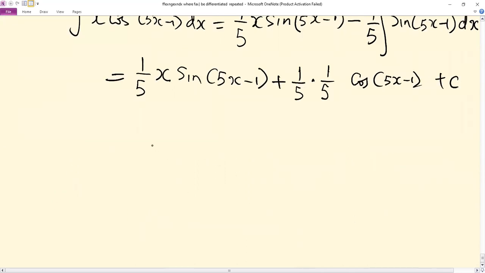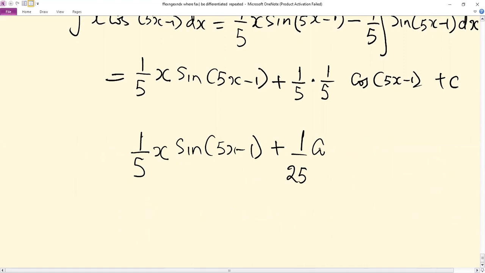And on simplification, we have 1 over 5 x sine of 5x minus 1 plus 1 over 25 cosine of 5x minus 1 plus c.